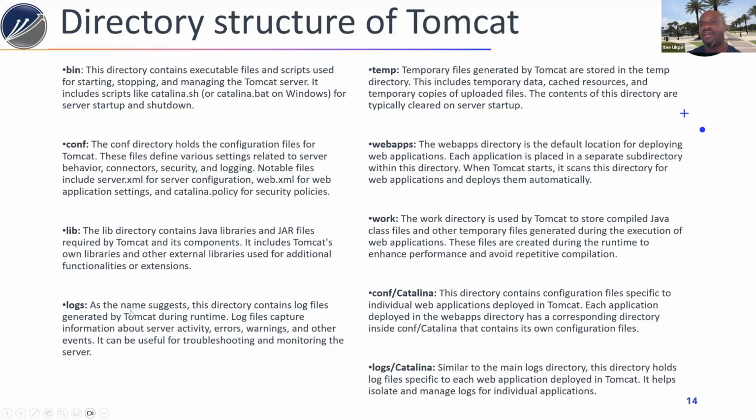Then the logs. As the name suggests, this directory contains log files generated by Tomcat during runtime. So if you had an error and want to see what it was, you can go to the logs directory and read the logs to see what the problem is. In fact, if you want to troubleshoot anything, the first thing you want to look at is the log files.